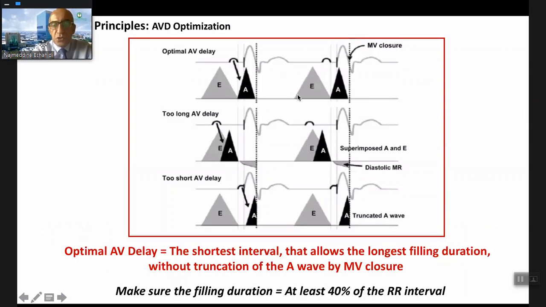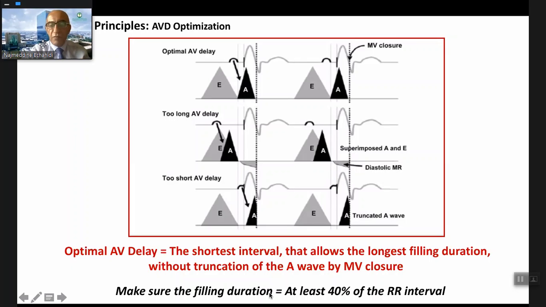If you ask me how we should do this, there is no magic formula. You have to do it step by step if you are still willing to do it echo-based. But just keep in mind that what we are looking for is the shortest AV delay which will allow the longest diastolic filling duration, without truncation of the A wave by mitral valve closure.